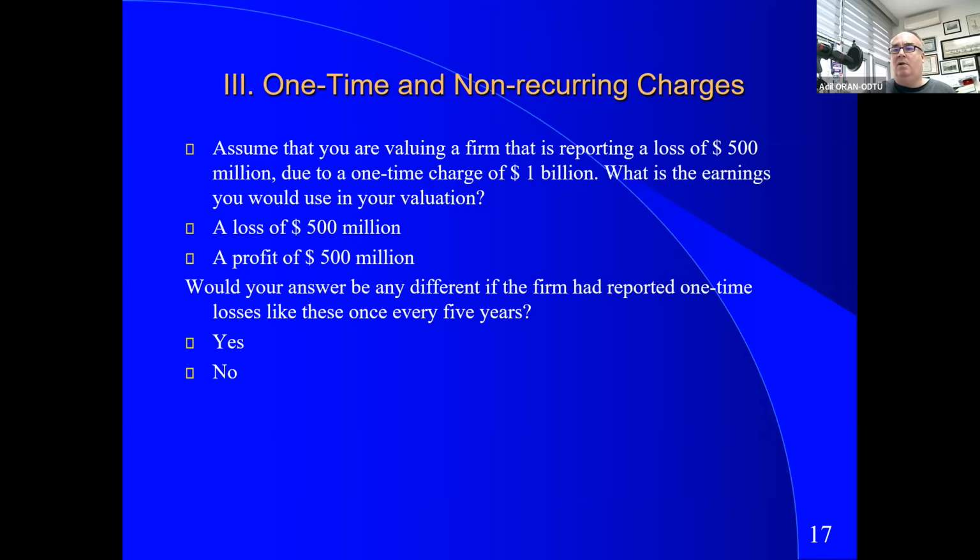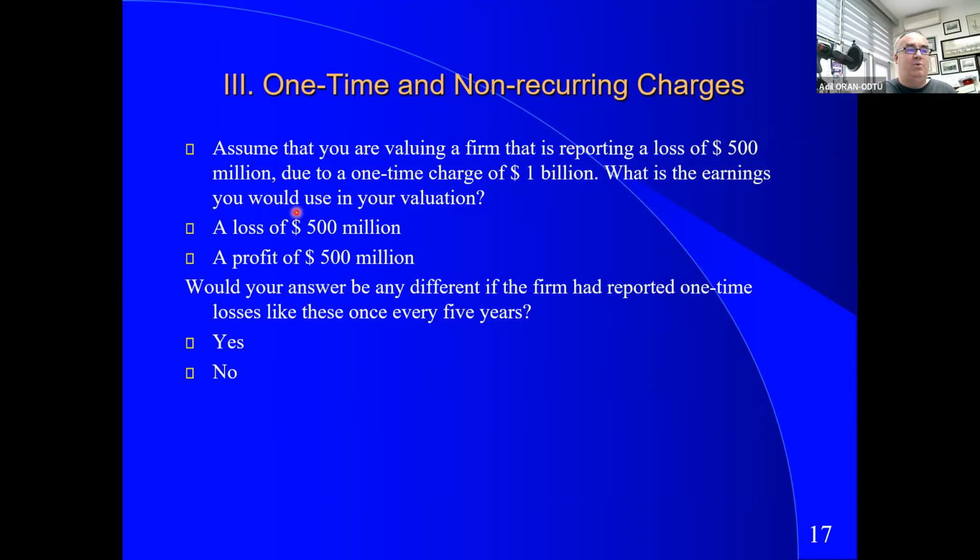What else? Well, what if you had events which affected just that year or just that period? So, a strike or an earthquake or a fire or COVID not just affecting 1 year, but a few years. So you're valuing a firm that is reporting a loss of 500 million due to a one-time charge of 1 billion.